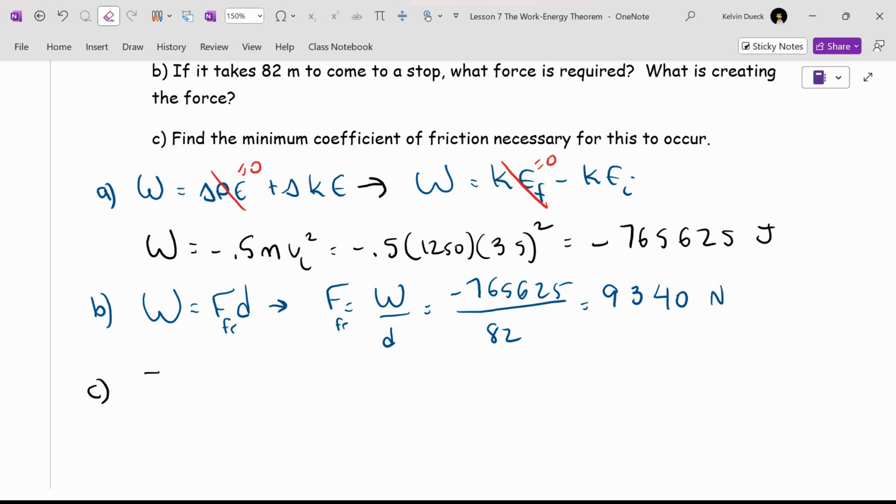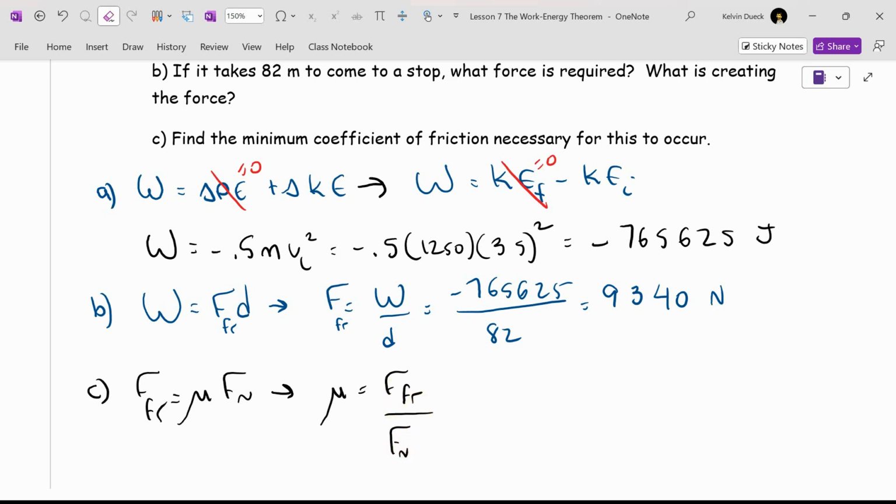We said friction was mu times the normal force, and this is asking me to find the coefficient of friction. Well, let's get the mu by itself. How would I move the Fn over? So I'm going to get this: mu is equal to the force of friction divided by the normal force.